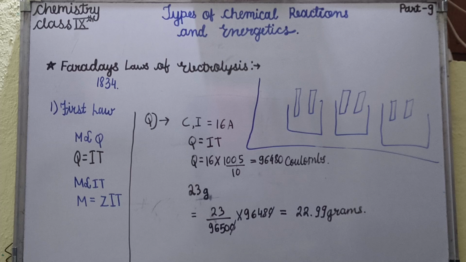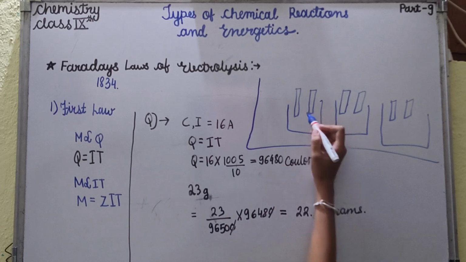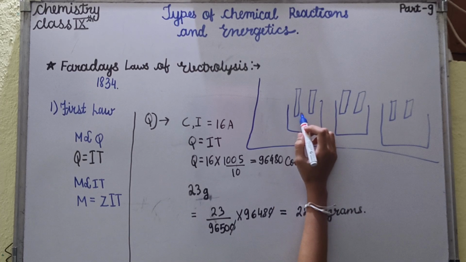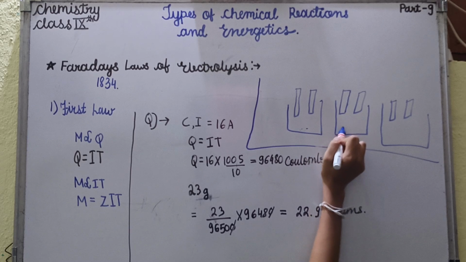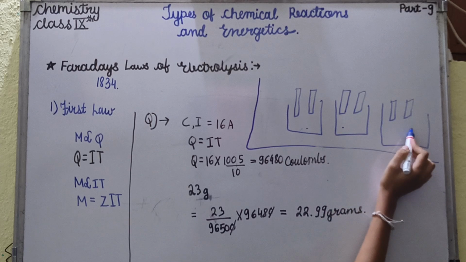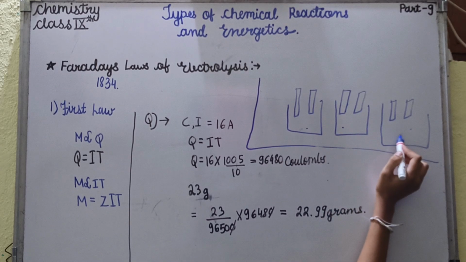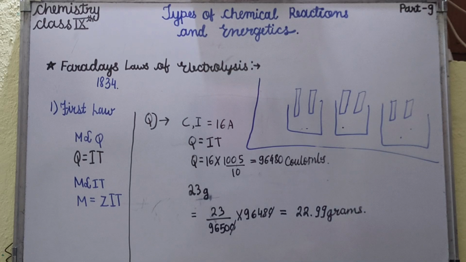First beaker is filled with CuSO4. This is AgNO3, and over here it is H2SO4. These are electrolytic cells.